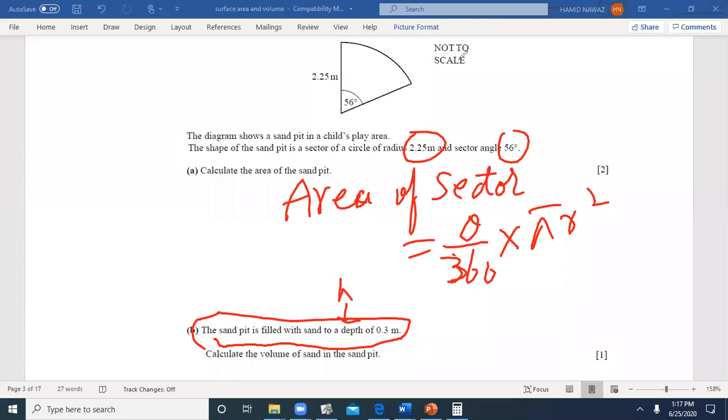To find the volume of this sand pit, simply multiply the area of sector by the height or depth given for the sand. So the area of sector will be from this value and the height will be 0.3. Then you will get the answer. Is it clear? Say yes if it is clear, then I will move forward. You can note it down.